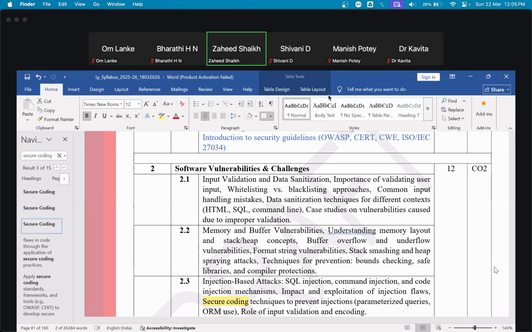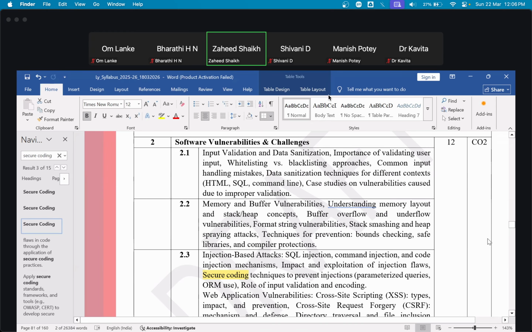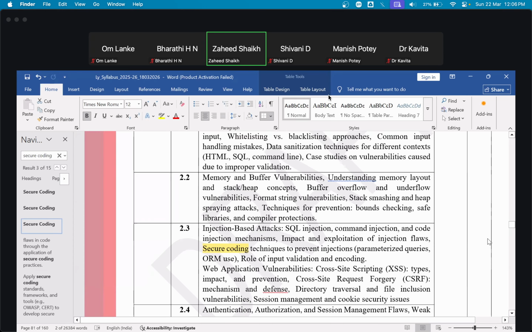What are the approaches to whitelist and blacklist such leaks? What are the common mistakes that users commit, knowingly or unknowingly, for any programming language or any piece of code that they are executing? There are also a lot of vulnerabilities across the operating system and across memory management. All those aspects we learn in unit 2.2.